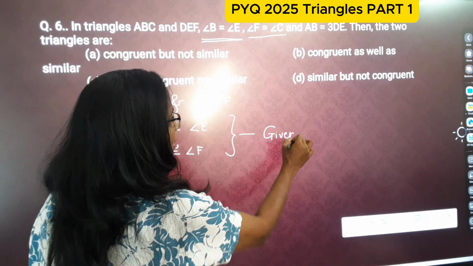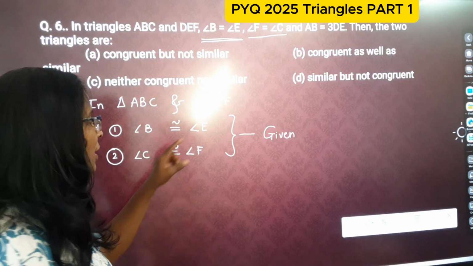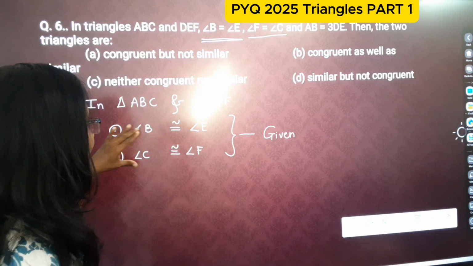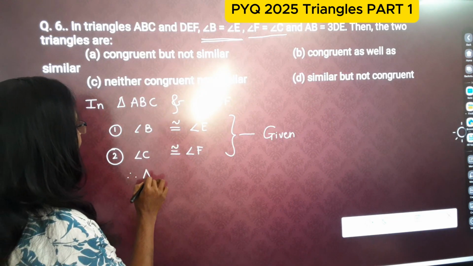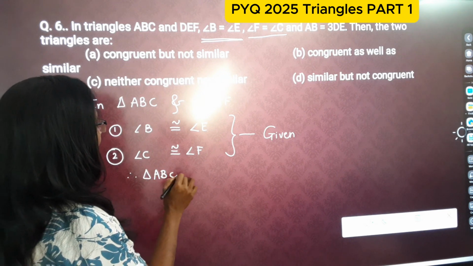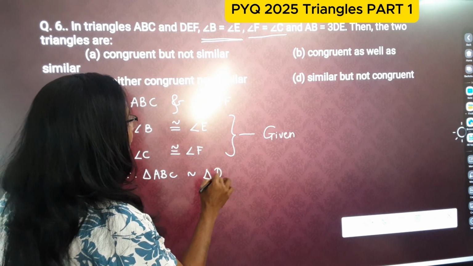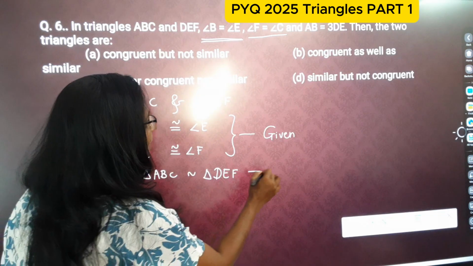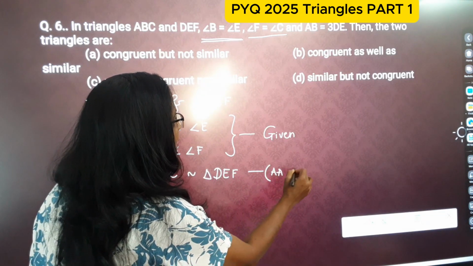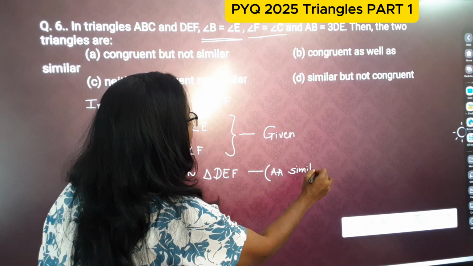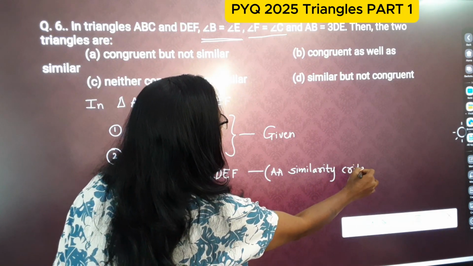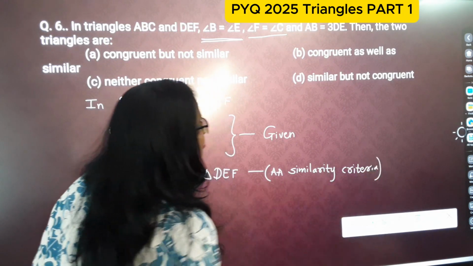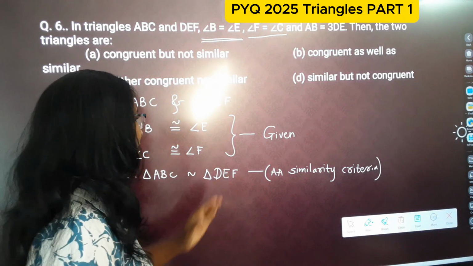Okay. So as per the given information, these two angles are congruent to each other, and therefore we can say that triangle ABC is similar to triangle DEF, by AA similarity criteria.